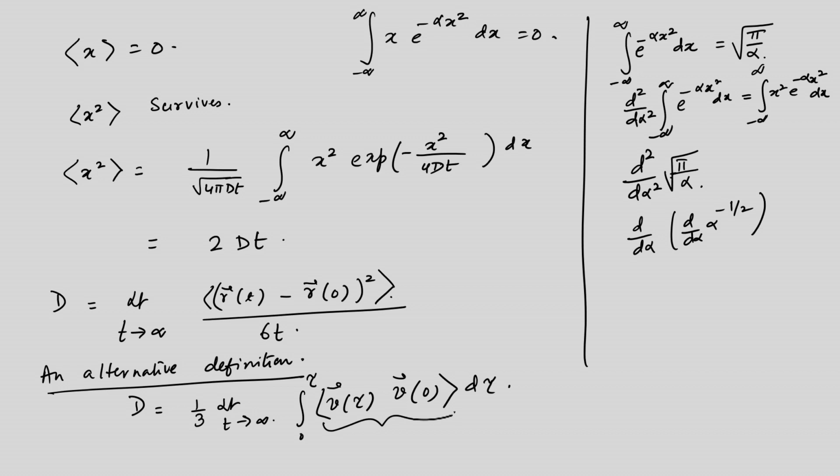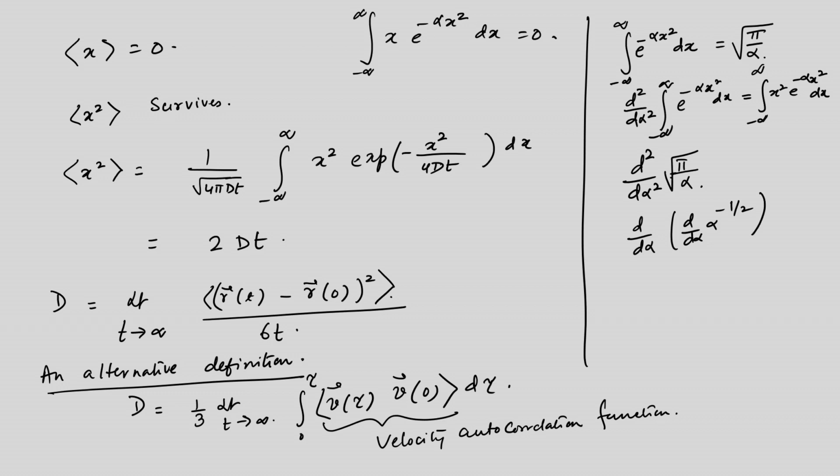So, this is called the velocity autocorrelation function. Okay. So, it is a correlation between velocities at different times. So, that will tell you how the particle velocity is correlated at a given time tau with that at time t equal to 0.